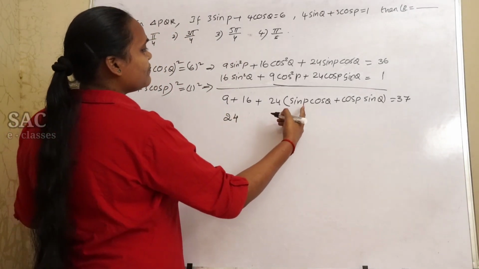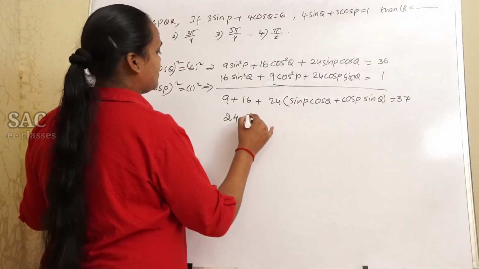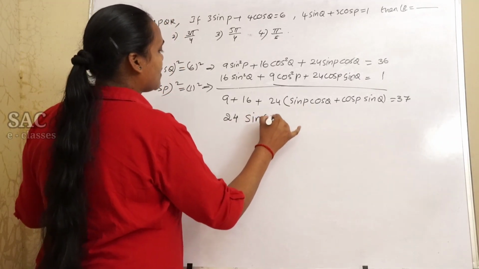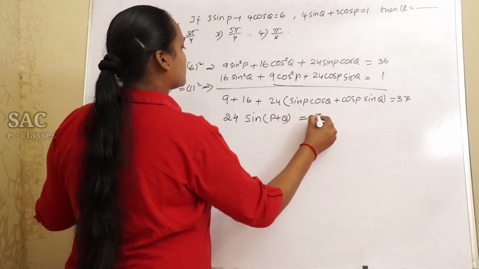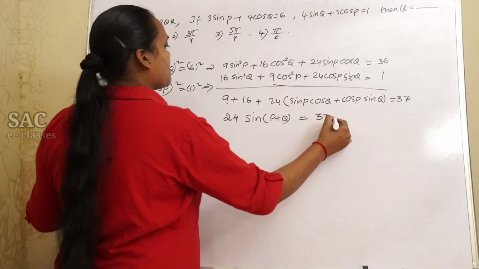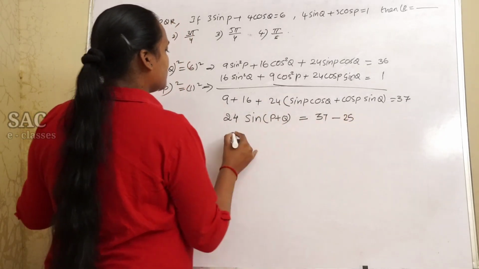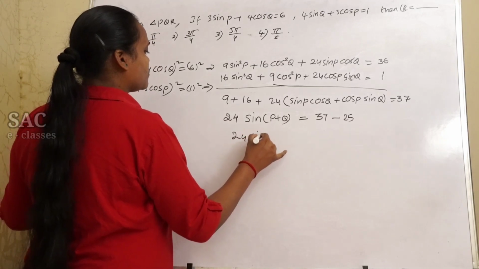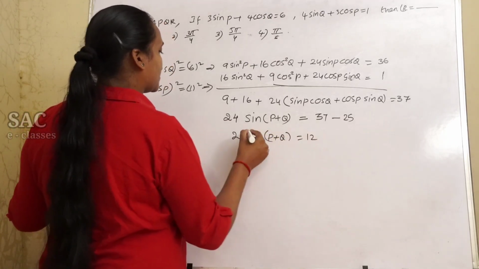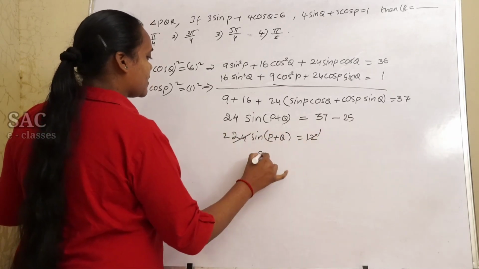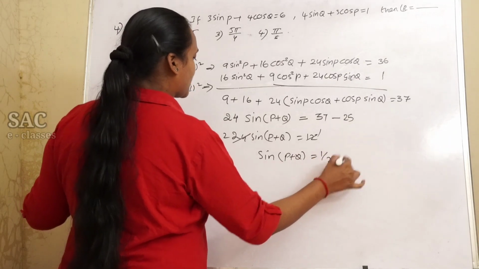It looks like sin A cos B plus cos A sin B, which is nothing but sin of P plus Q, equal to 37 minus 9 plus 16, which is 25. So 24 into sin of P plus Q is equal to 12, so sin of P plus Q is 1 by 2.